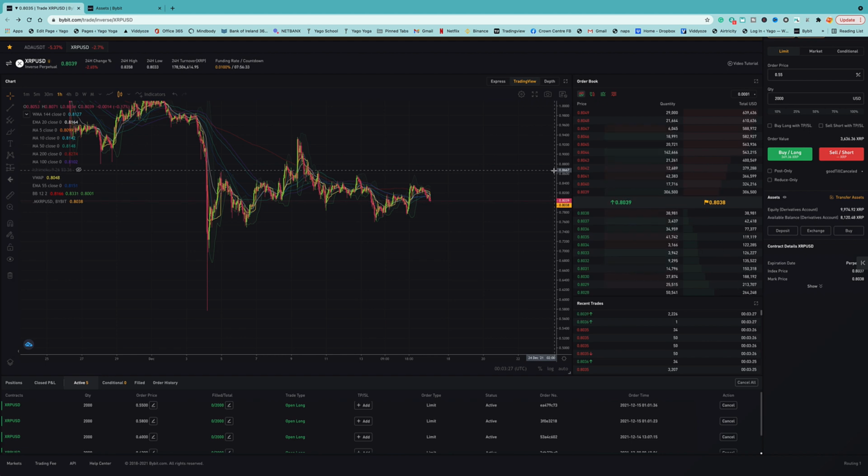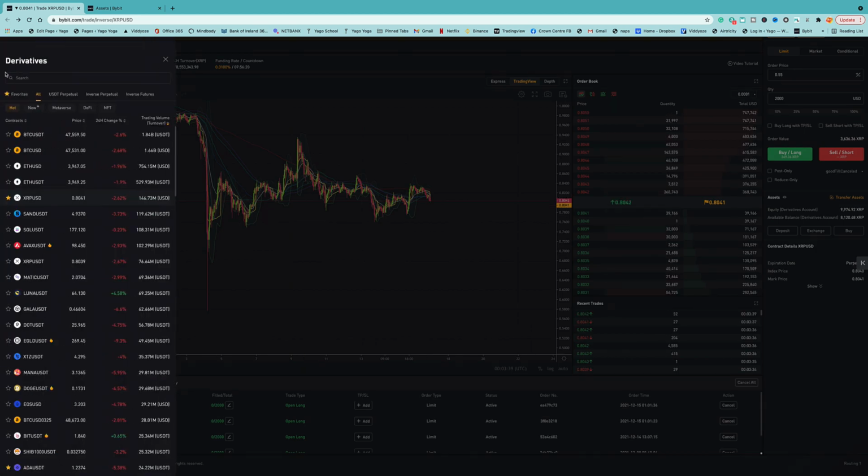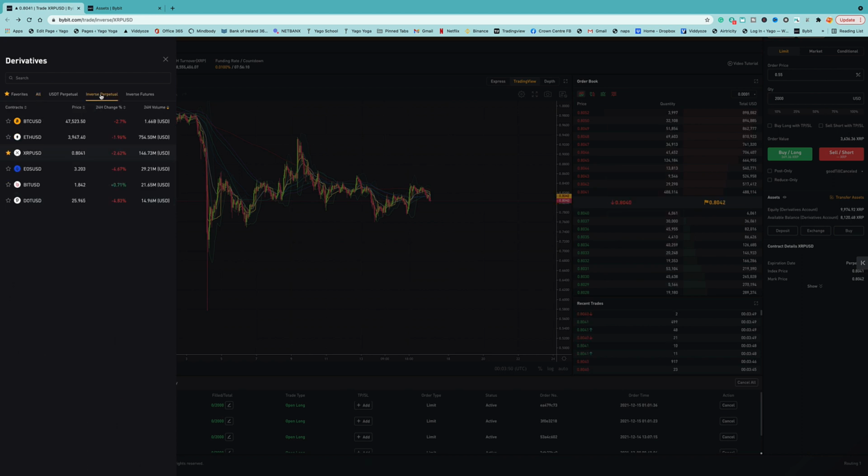Now, here we are on Bybit. So I'm going to talk through inverse perpetual. So you can see all the different coins you can trade, and this is really ramped up. When I first started trading on Bybit, there were 5 coins here.